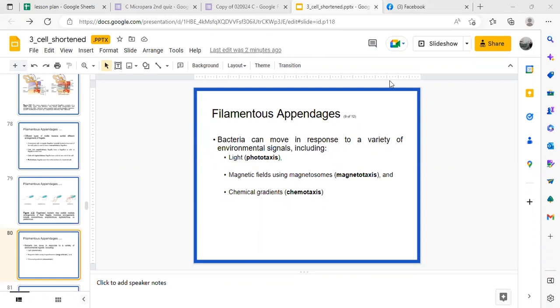And they can also be moving towards a magnetic field or aligning to a magnetic field kasi meron siyang inclusions called magnetosomes. So that's called magnetotaxis. You may also move according to the presence of needed chemicals, moving towards them or moving away from harmful chemicals. So magre-repel siya. So yan yung chemotaxis.